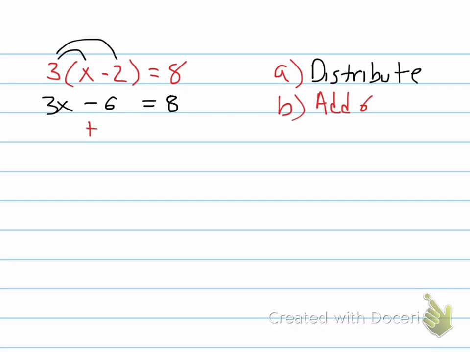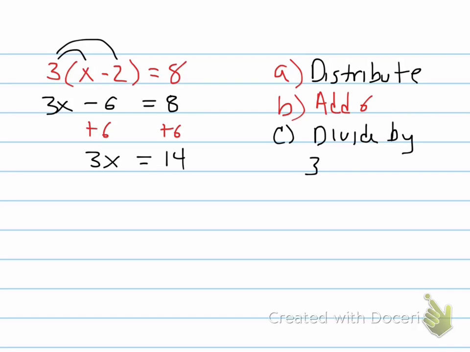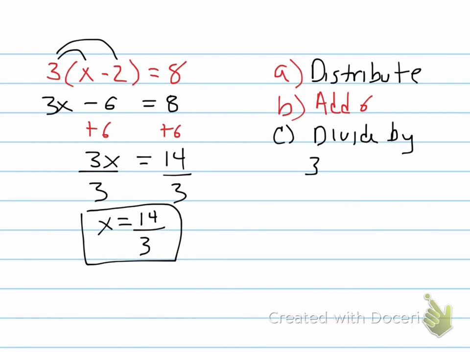So I add 6. So 3x equals 14. C, divide by 3. So x equals 14 over 3. Alright, those are your steps. Pause here.